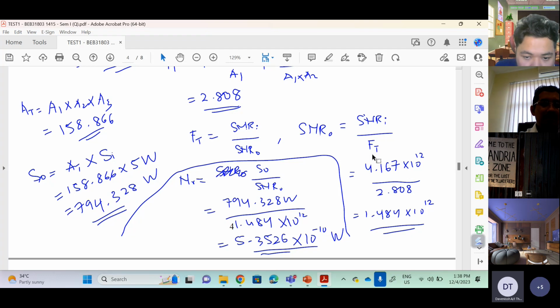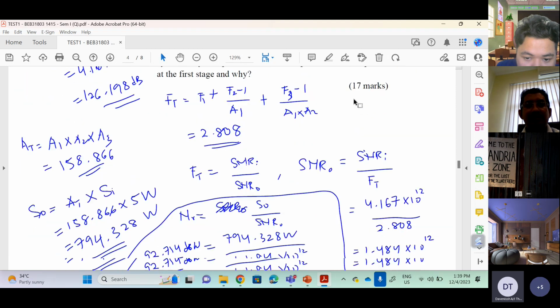So, kalau you buat 10 log of answer, you akan dapat berapa? 10 log 5.3526 exponent minus 10. You akan dapat minus 92.714 dBW. Okay.